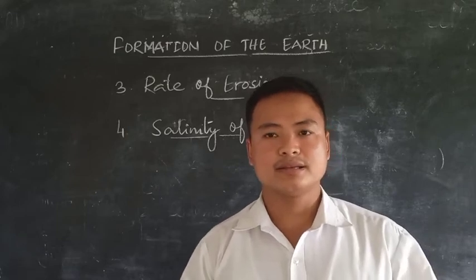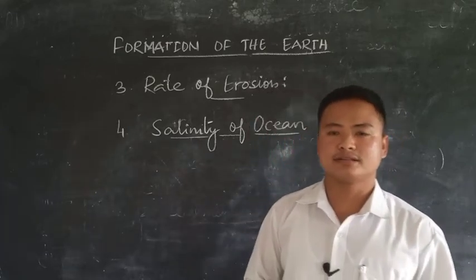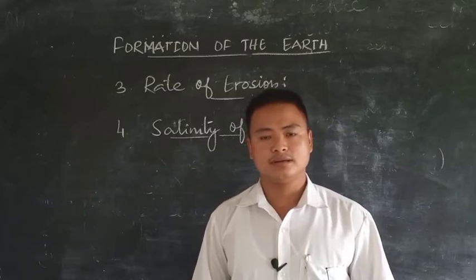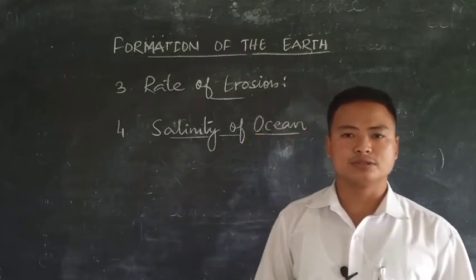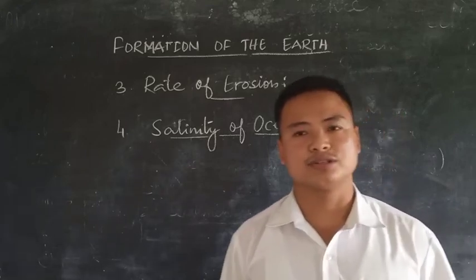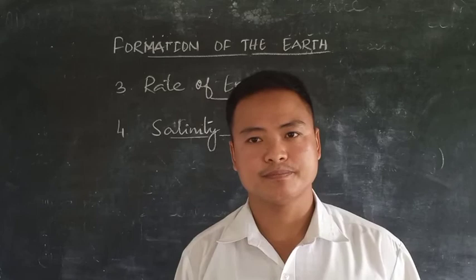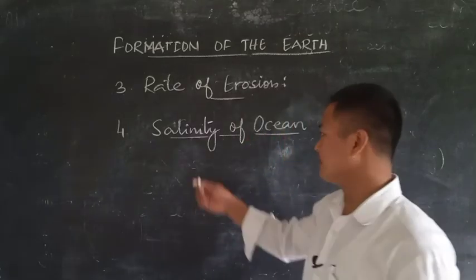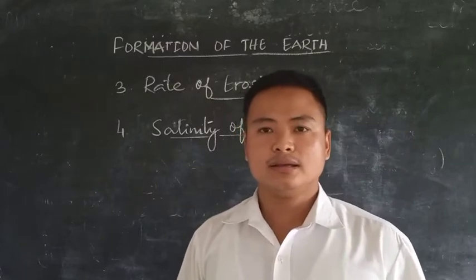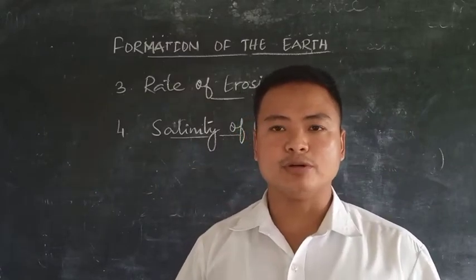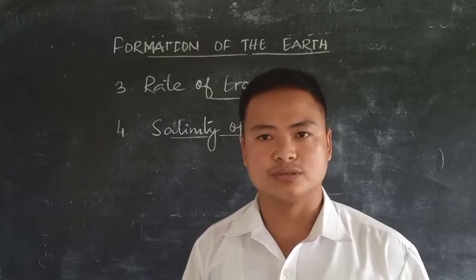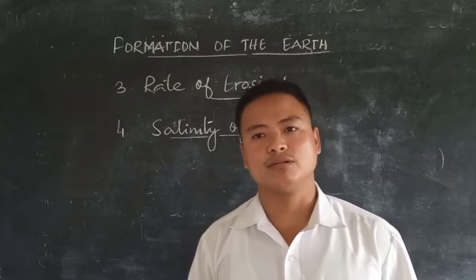So the land mass being an elevated surface from the ocean level, various agents of erosion and denudation carried different sediments which were deposited in the oceans. And this very thing formed a part of salinity. So the depositions of sediments in the ocean increase the amount of salinity.